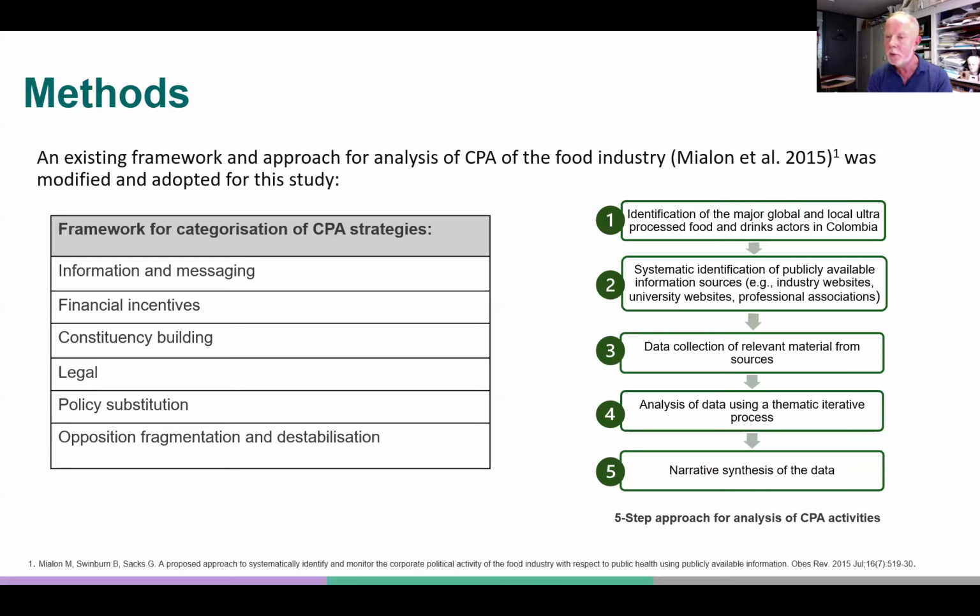On the next slide, because our analysis is still ongoing, we've just summarized some of the common themes of what we found from these ultra-processed food and drink corporations. What are the corporate political activities that we can see across our 4 countries?